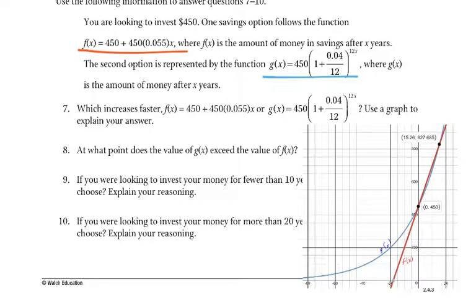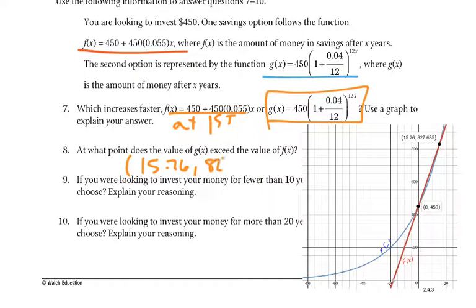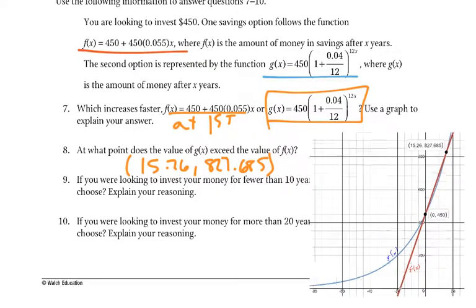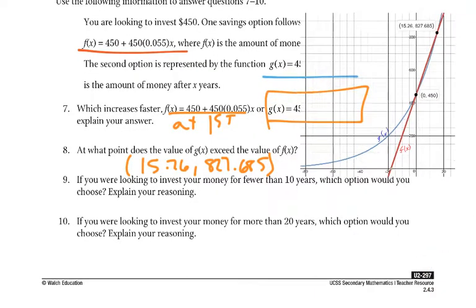Okay, so at what point does the value of g of x exceed? So this one at first, but overall that one. So that point is 15.26, comma 827.685. Okay, that's the point where g of x exceeds.